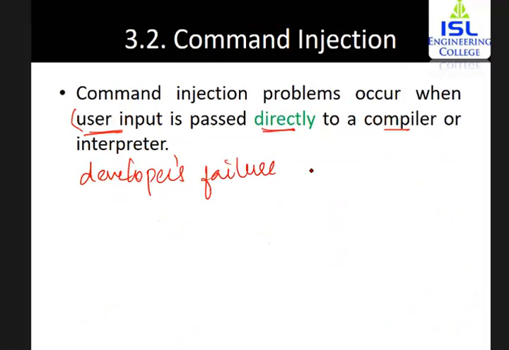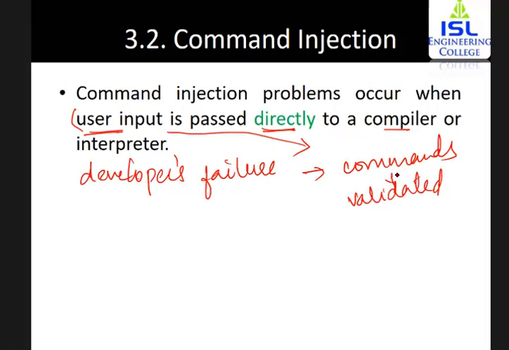The developer did not make sure that the commands are validated. All the commands that the user is going to input need to be validated, and not sent directly to the compiler. You're going to validate all your commands before you use them in the program.